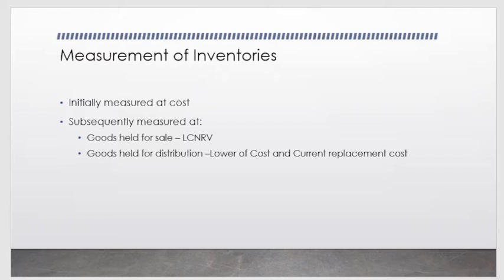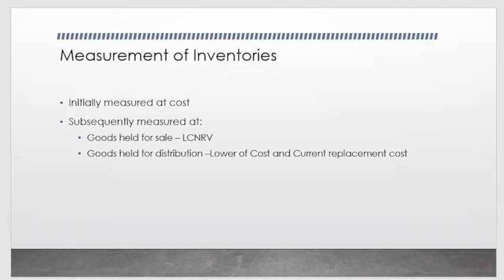So, gagamitin mo lang yan if you are looking at an inventory at subsequent measurement. Pero kung initial measurement at yun na yung pagkakabili, yun na siya. Okay? At cost lang. Kung subsequently, i-measure daw natin siya, we have to identify whether it is for sale or whether it is for distribution. Kasi yun lang naman yung dalawang condition kung bakit mo yan i-measure uli.